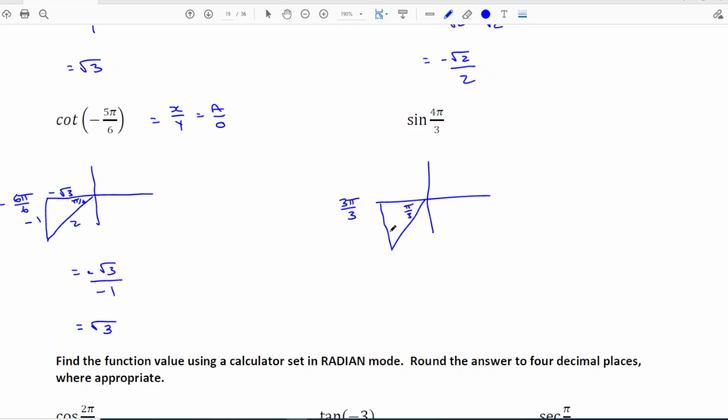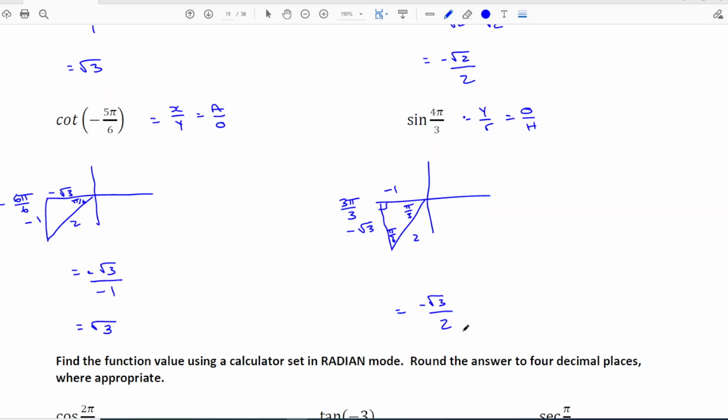So it's my pi by 3, pi by 6, and 90 degree triangle. So this is going to be my 1, my 2, and my root 3. Watch your negatives. And then sine is y over r, or opposite over hypotenuse. So it's going to be negative root 3 over 2. Whew.